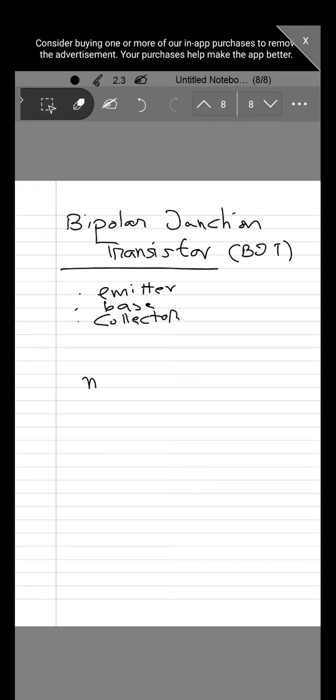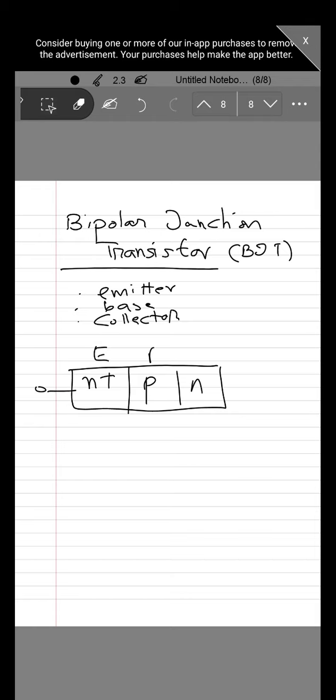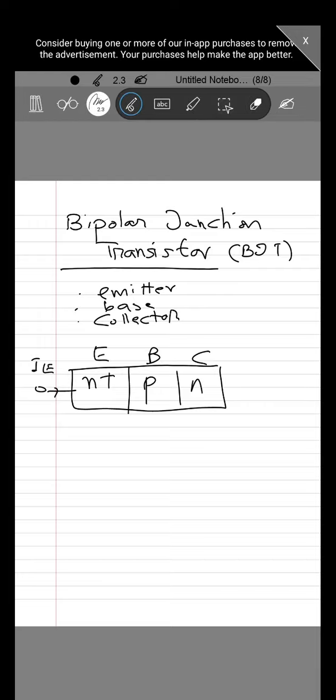So basically, the emitter is highly doped, that is why it is written in N plus form, that means highly doped. You have the base P and you have the collector. This is an NPN BJT, with the emitter, base, and collector. This is where the emitter current leaves, the collector current enters, and you have a base current entering from this side.